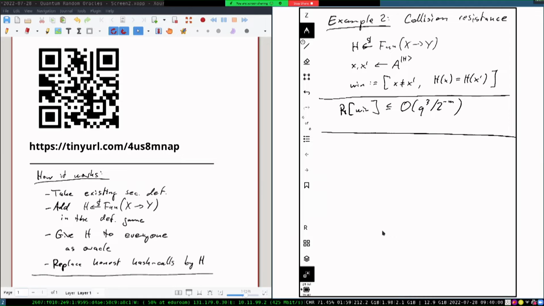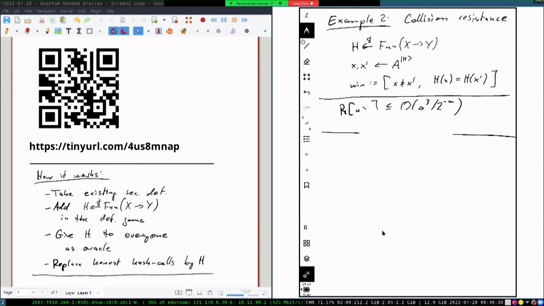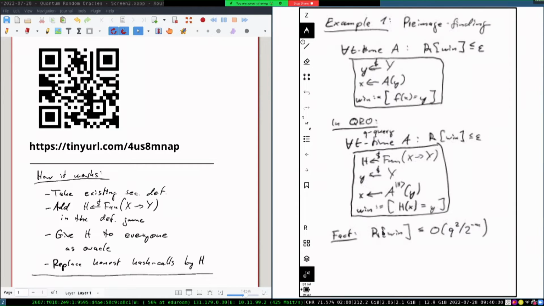So this was a mini introduction into what the QROM is about, also giving you 2 important facts that you may use over and over in security proofs, because if you can just reduce something to an existing result, why reprove it? Especially this fact I find is used quite often as part of a security proof.